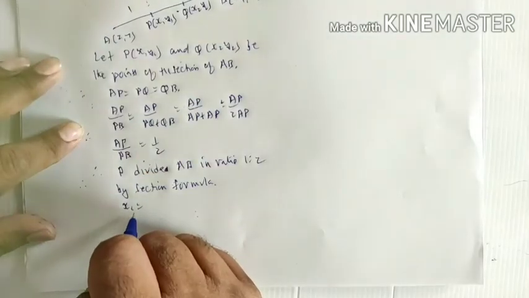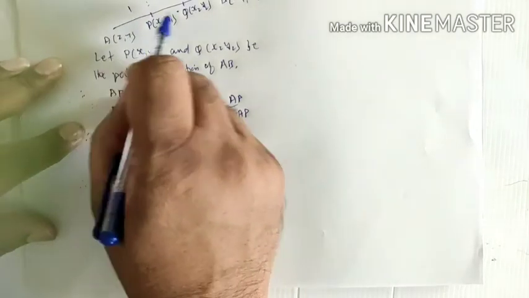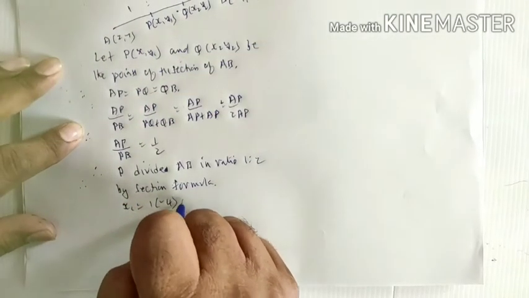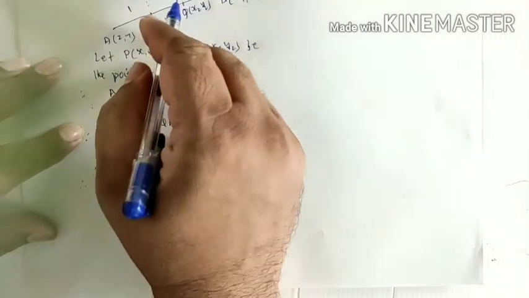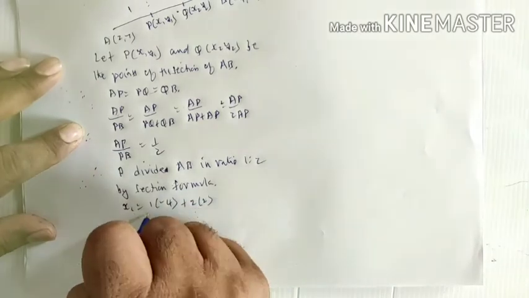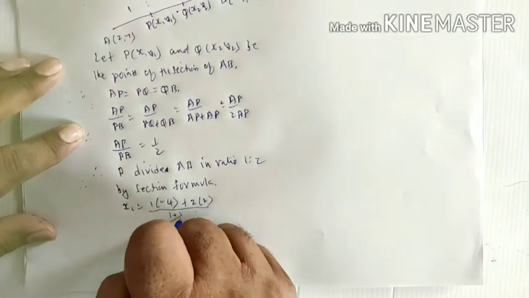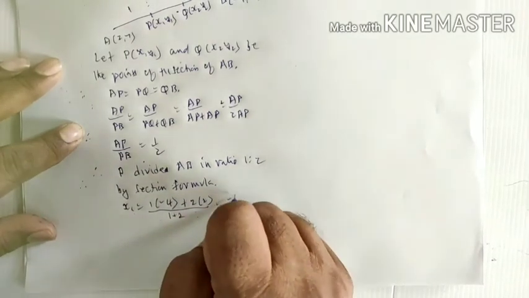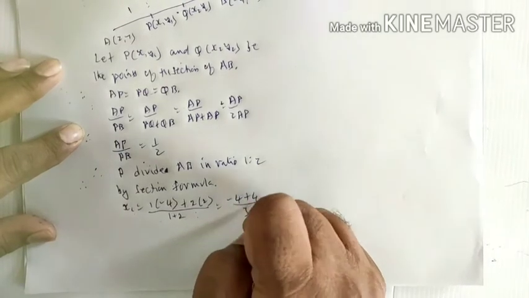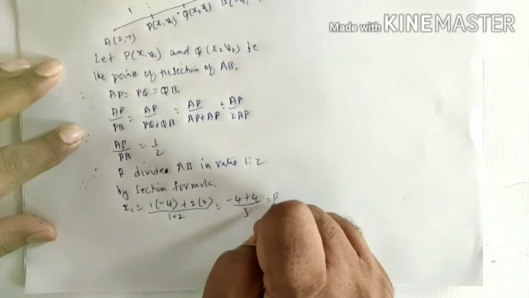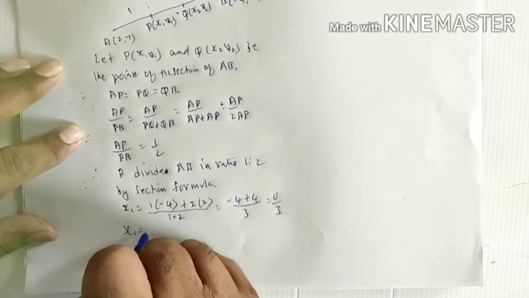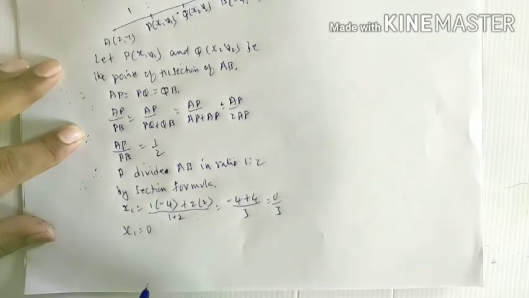So x1 will be equal to 1 into -4 plus 2 into 2 upon 1 plus 2. It is equal to -4 plus 4 upon 3, which is equal to 0 upon 3. Therefore we get x1 is equal to 0.